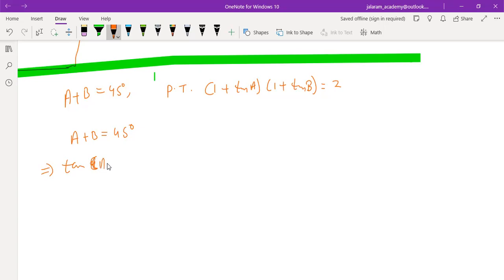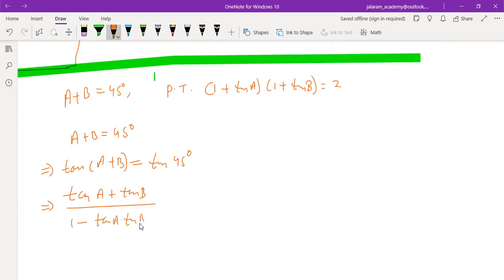So it is tan of a plus b equals tan 45 degree. The formula for tan of a plus b is (tan a plus tan b) over (1 minus tan a into tan b) equals the value of tan 45 degrees, 1. Cross multiplying we get tan a plus tan b equals 1 minus tan a into tan b.